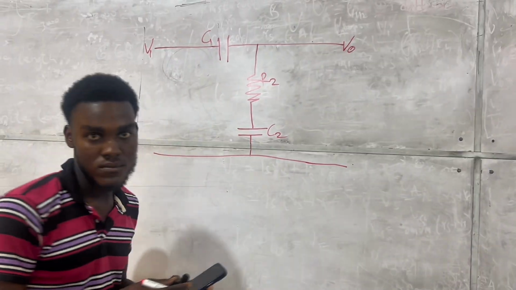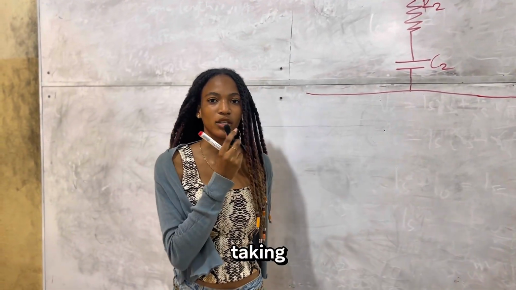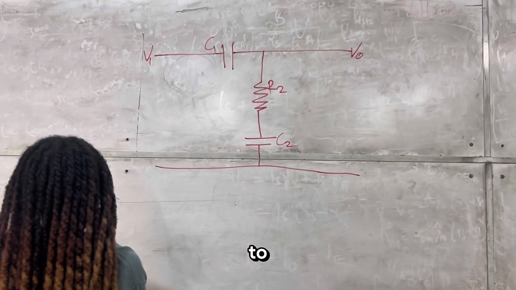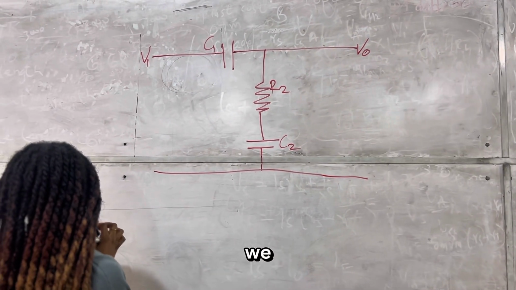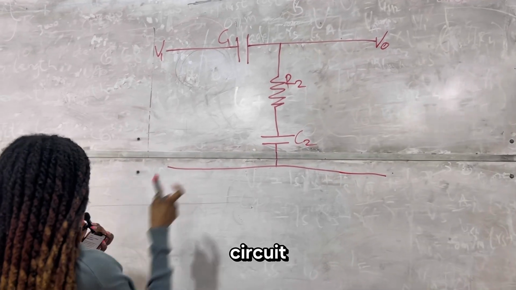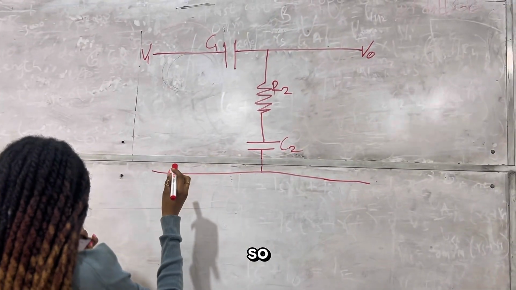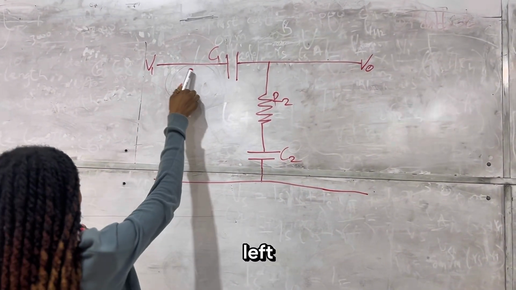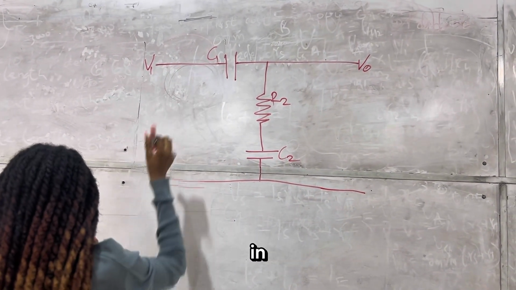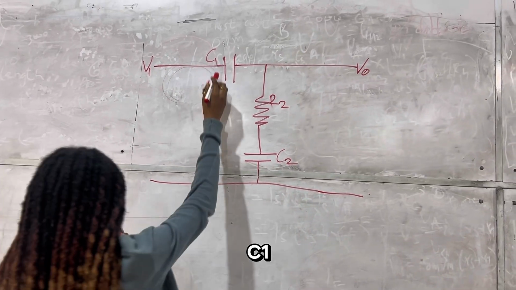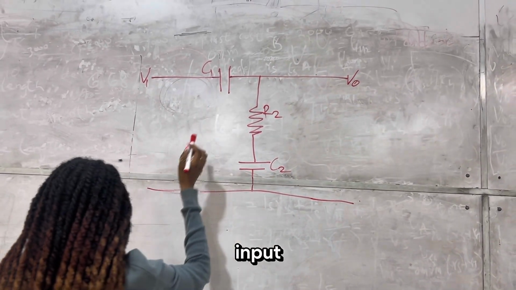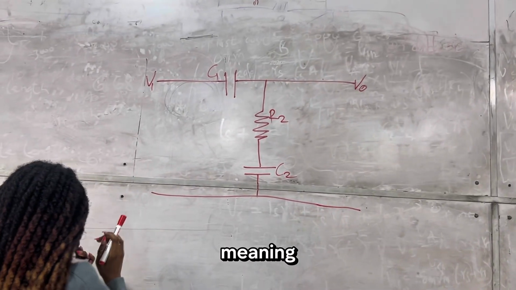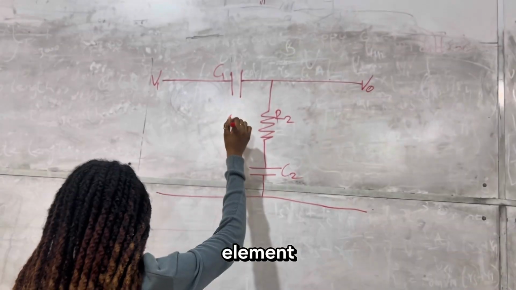Thank you. I'm Alexandra Baini and I'm taking off from where Prince left off. To begin solving the problem, we must first understand the circuit structure. The input voltage, that's V1, is applied to the left terminals, and the capacitor labeled C1 connects the input node to the output node, meaning it is in series with the element.